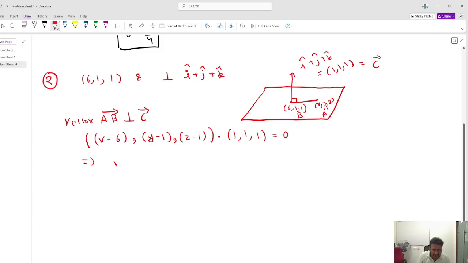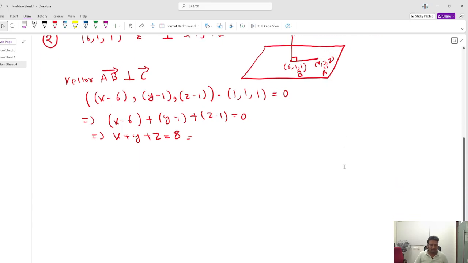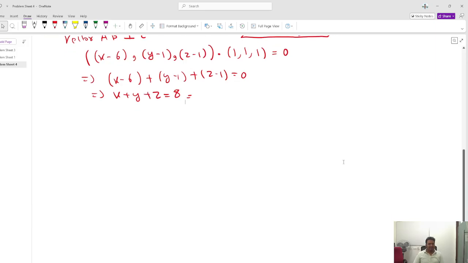So x minus 6 plus y minus 1 plus z minus 1 is equal to 0. In other words, you have x plus y plus z equal to 8. So this is your equation of the plane. That's all. Here x, y, z, the vector x, y, z in R3, lies on this particular plane.